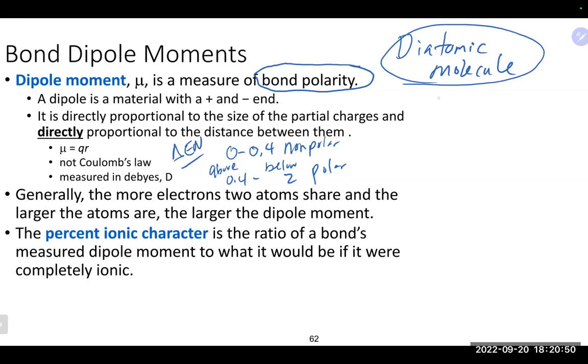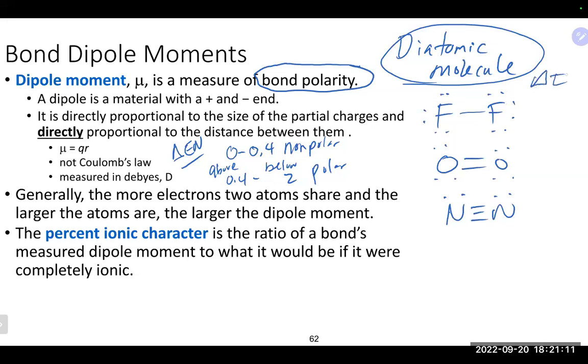So if we had something like our fluorine here that we saw earlier, or even our oxygen, or even our nitrogen, it doesn't matter if it's double bonded, single bonded, or triple bonded. In all these cases, if I did the difference in electronegativity, that's a big 0, 0, and 0 difference between those two, as they're all both the same element.